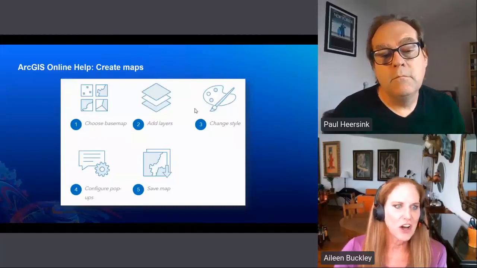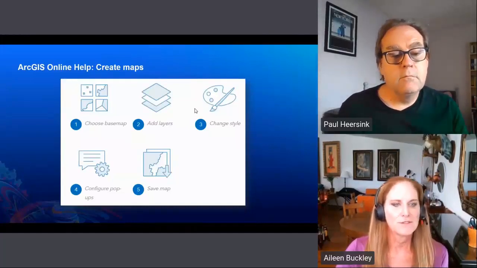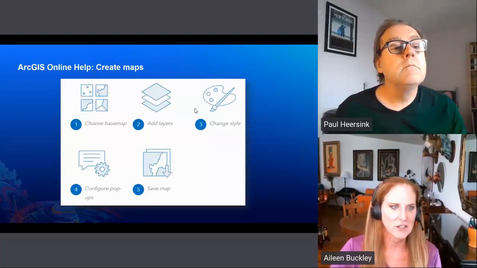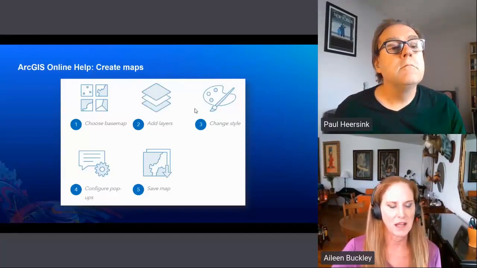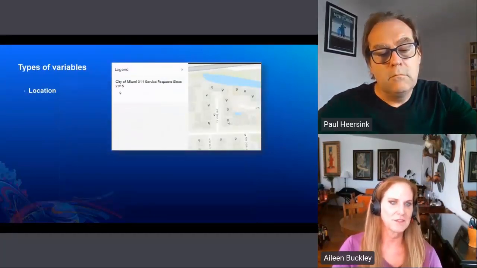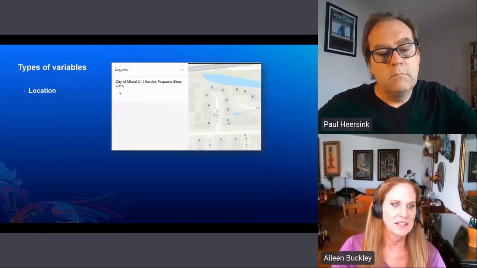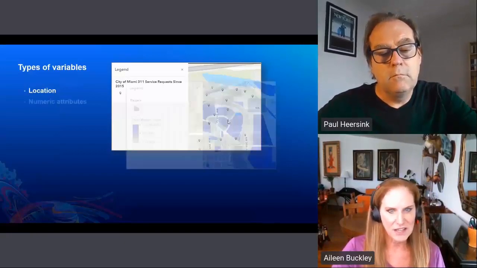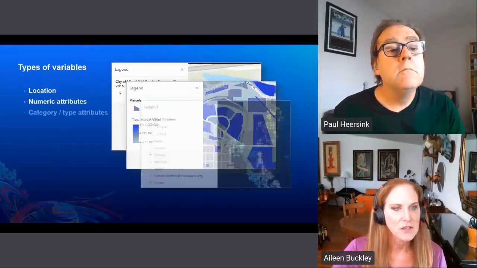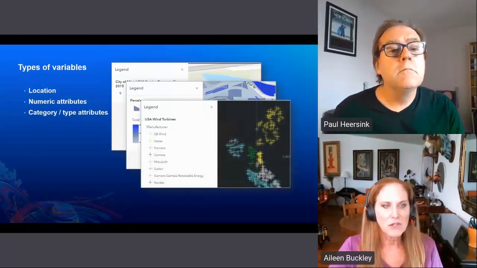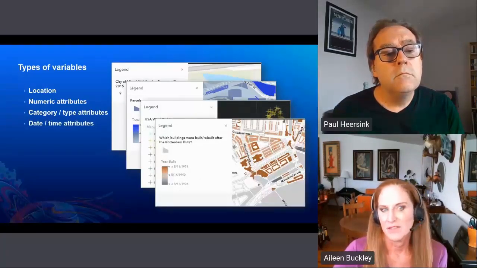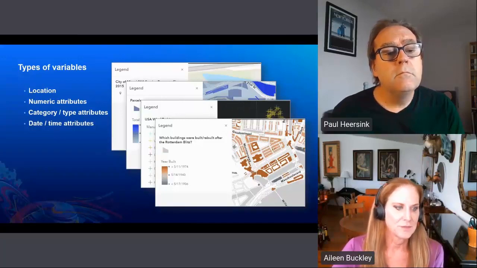If you take a look at the online help for creating a map, you'll find a description of how to make online maps that I think is really useful and somewhat unique. It starts with the basic steps for making an online map. And the discussion moves on to a review of the types of variables you may be mapping. This includes variables like the location of things, quantitative variables for numeric attributes, qualitative variables for category or type attributes, and you might have date or time attributes in your data.